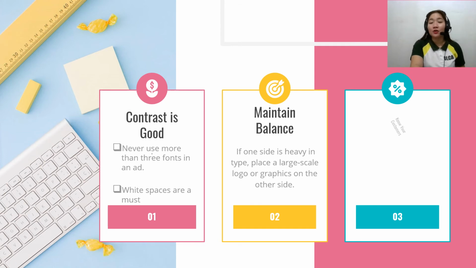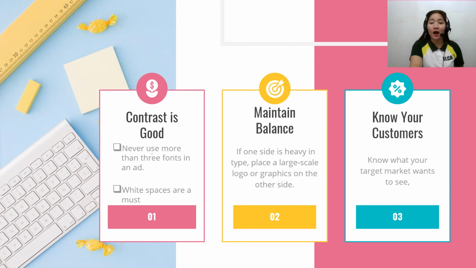Okay, also you should know your customers. Okay, and knowing your customers, of course, it is always good to know what your target market wants to see, what is pleasing or appealing to them. Okay, knowing this will help you, and remember that most readers take a reverse S path when scanning an ad.